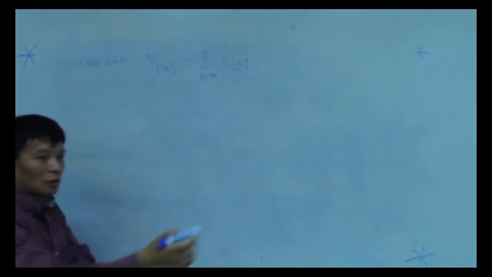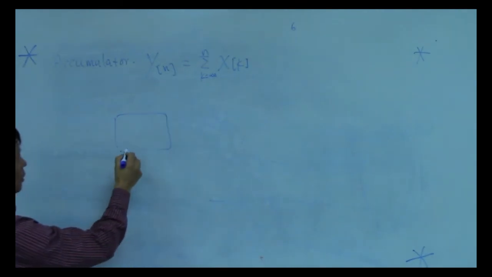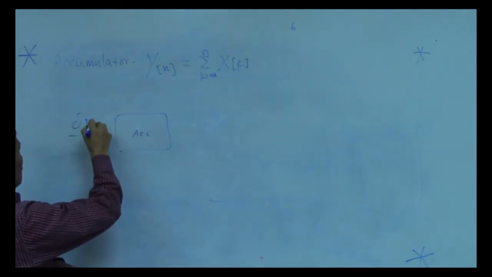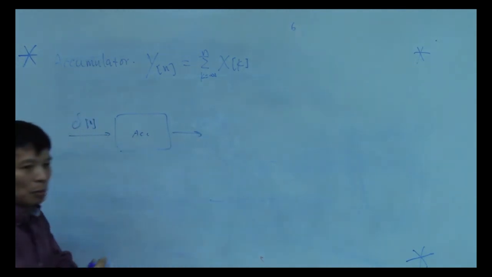Can you imagine this? What is this system? Is that infinity or is that negative? From negative infinity to the present time. Alright. Suppose this system is an accumulator. Now my input is an impulse. What is the output?